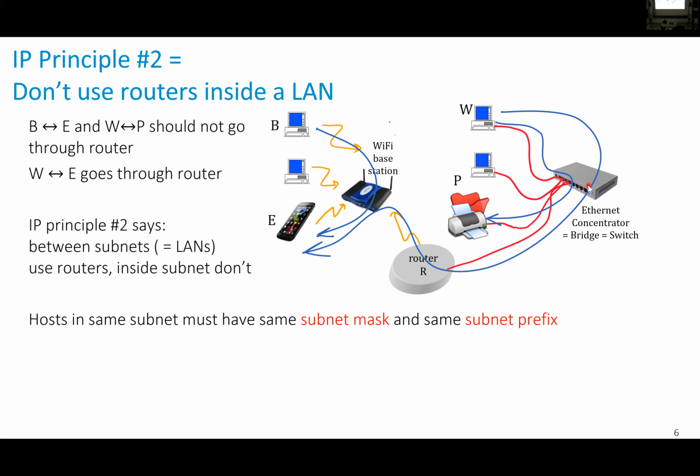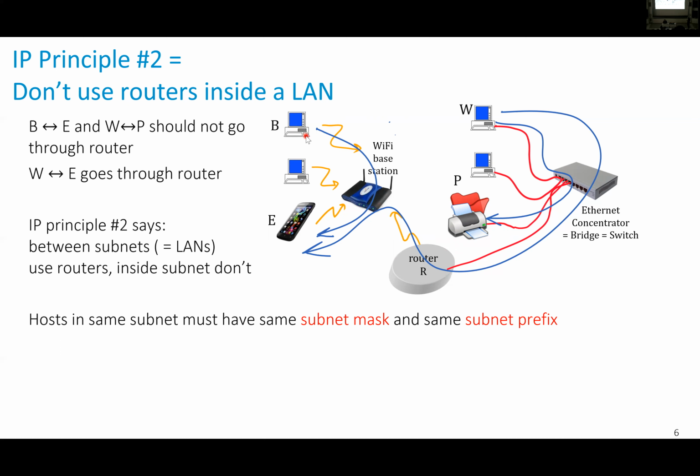So here I'm showing an Ethernet local area network and a Wi-Fi local area network. They cannot communicate by Wi-Fi or by Ethernet, so we need something in the middle that has both Wi-Fi and Ethernet. That thing in the middle could be a bridge. We'll talk about that later, but it could be a router. That's the primary way of doing things.